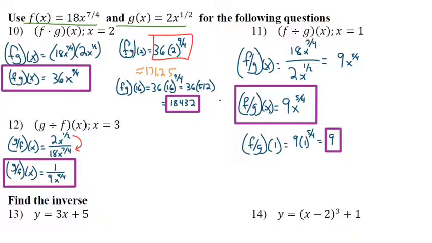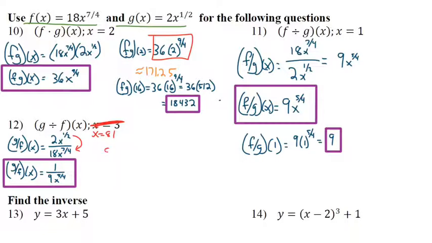So let's do a different number. What if you did 81? I like 81. This isn't going to be a giant number on bottom, but that's okay. So let's do x equals 81.